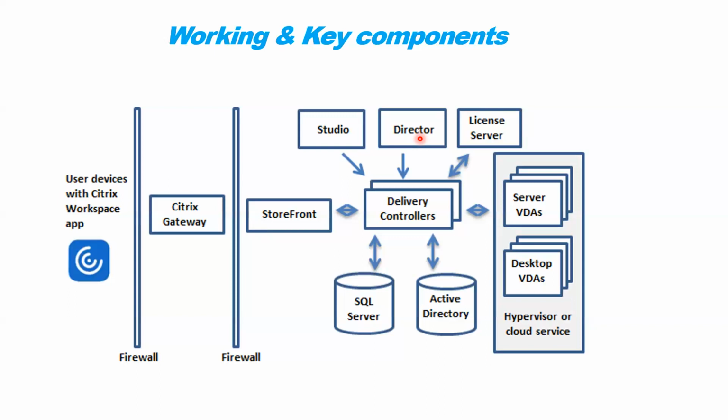If users are reporting that they are unable to launch the VDI, or the VDI got stuck, or something is not working, initially you go to the Director console and search for that user by username. With that username, you get details like which VDI is allocated to this user and from which delivery group that particular VDI is being published. Those kinds of operations you can perform with Director.